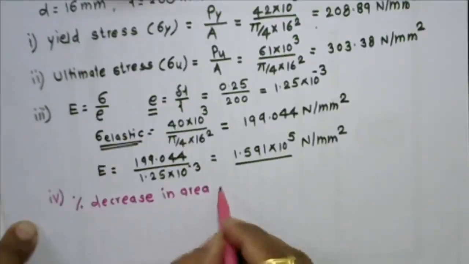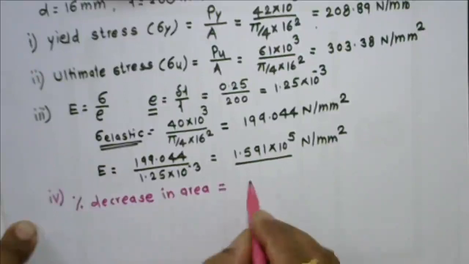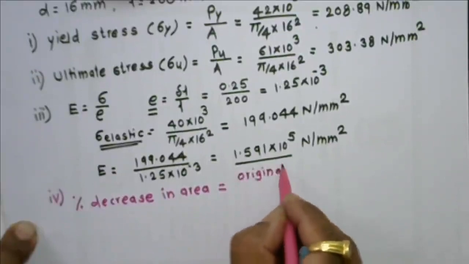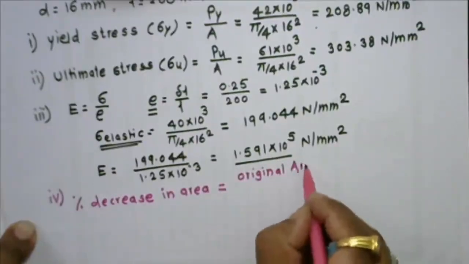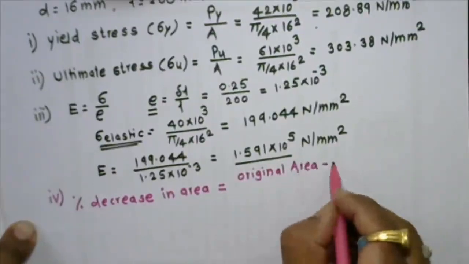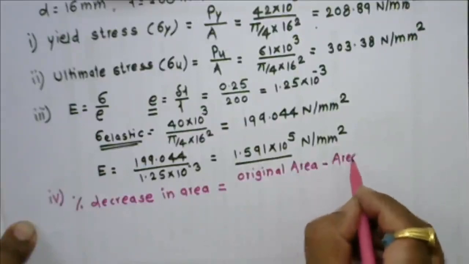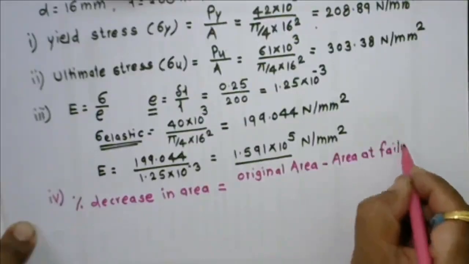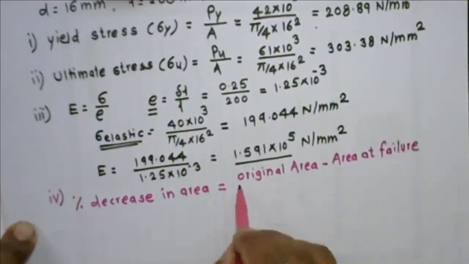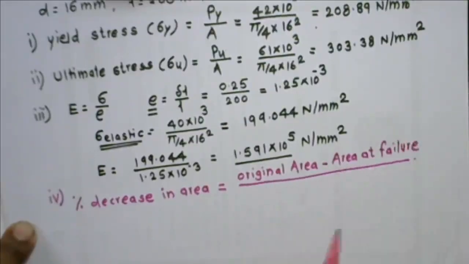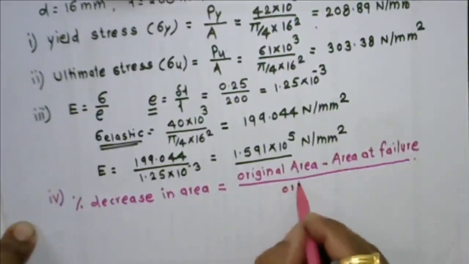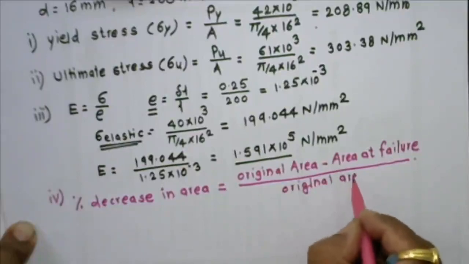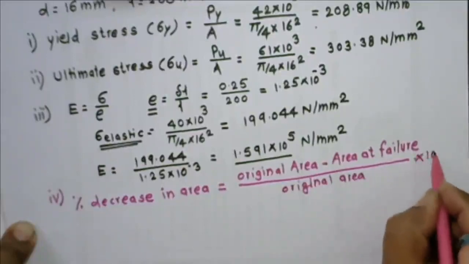We have seen in the last numerical, that is original area minus area at failure, divided by original area, into 100.